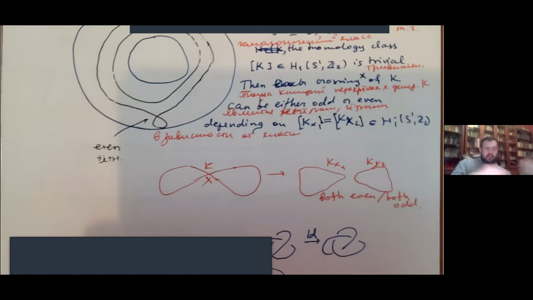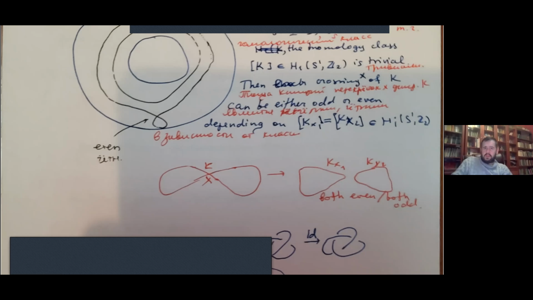То есть его гомологический класс был тривиален в Z2 гомологиях, so the knot is even, its homology class in Z2 homology is trivial, which means that these two things are either both even or both odd.